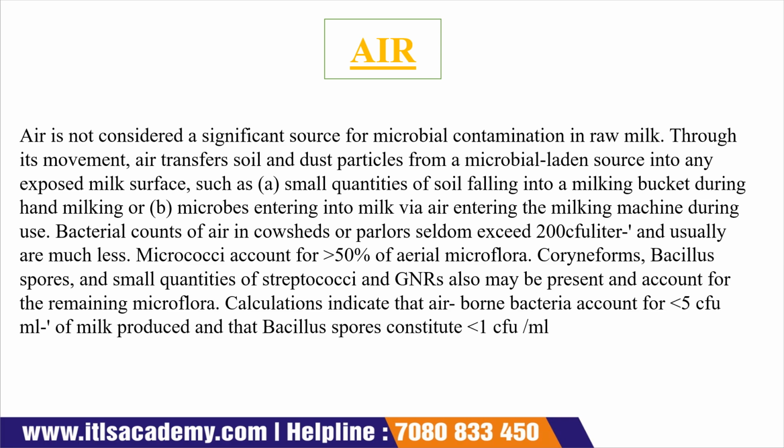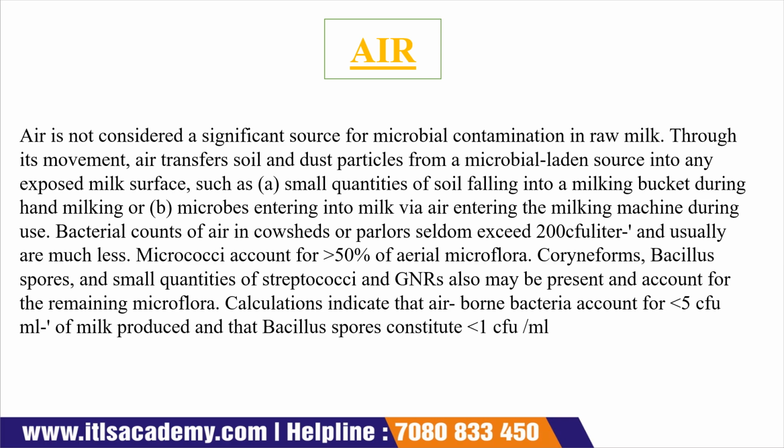The sources expose milk surfaces to small quantities of soil which fall into a milking bucket when a milkman is milking, and sometimes microorganisms enter the milk via air entering the milking machine during the process. Bacterial count of air in a cow shed or parlor seldom exceeds 200 CFU per liter, and is usually much less.